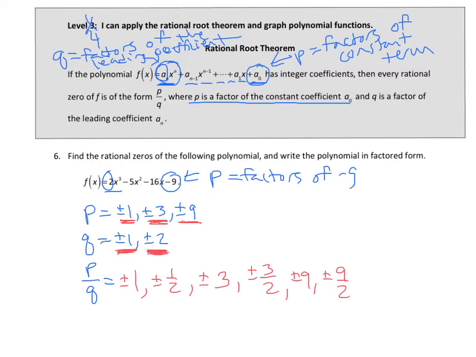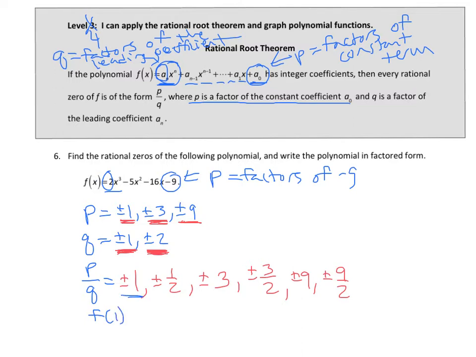My next step is to test these possible rational zeros and see which ones actually give me 0 when I plug them into f of x. I try plugging numbers in until I get one that makes f of x equal 0. I first find f of positive 1.